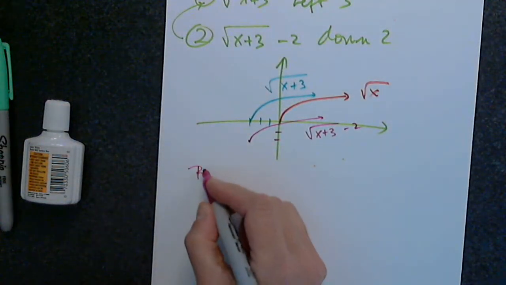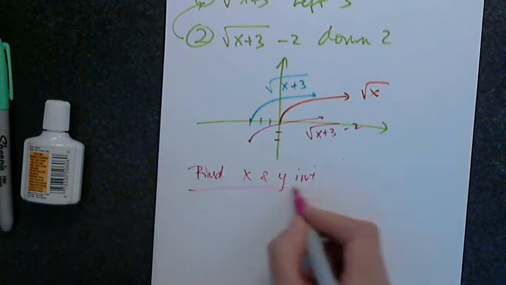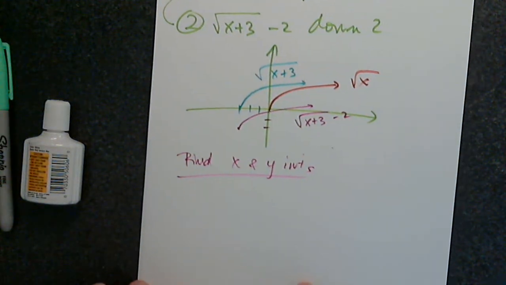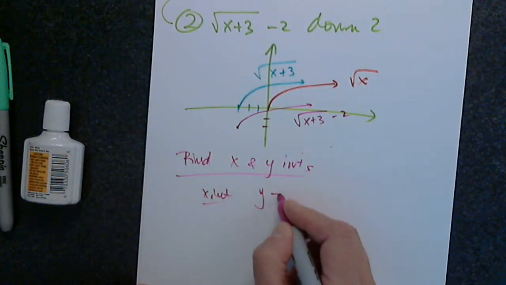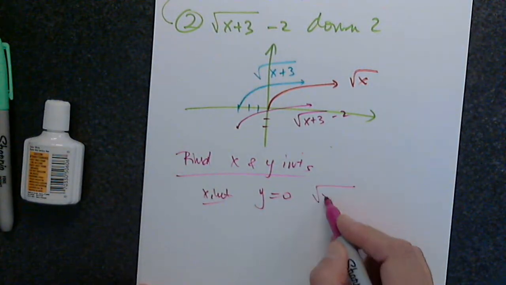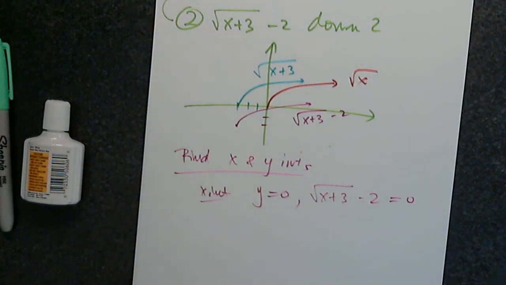So find x and y-intercepts. How do I find the x-intercept? Very good. So then I have the square root of x plus 3 minus 2 equals 0. Now I have to analyze this and ask myself what type of equation is it? The answer is? Easy. x equals 1.